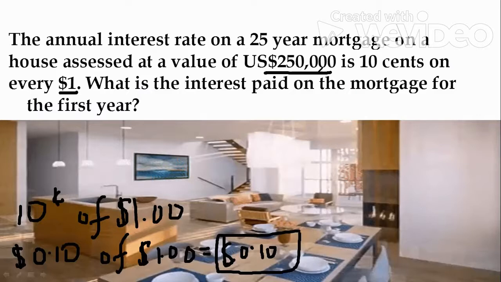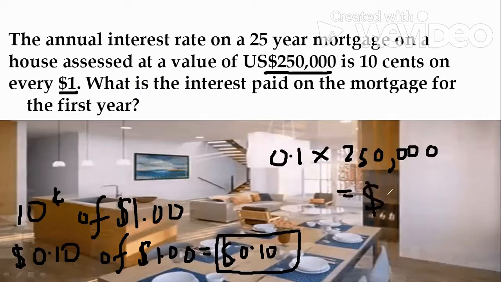So what we're going to do now is multiply the interest rate, which is 0.1, times 250,000, because you have $250,000 $1 in the house. And when you work that out, you end up with $25,000.